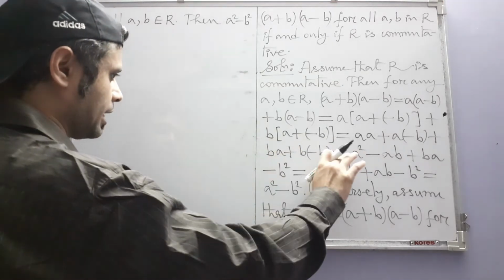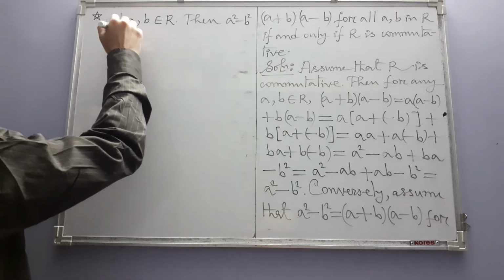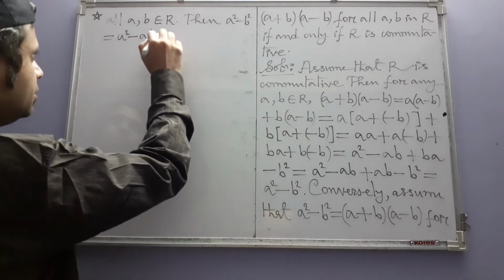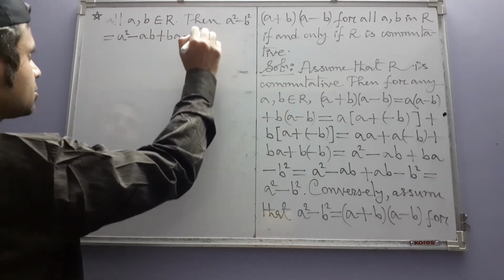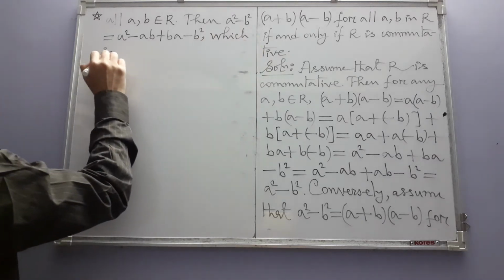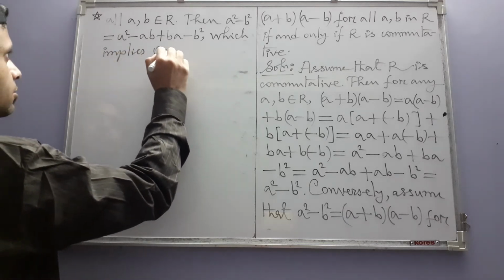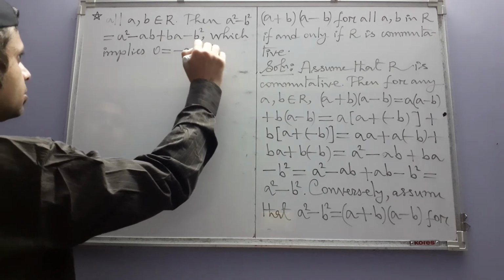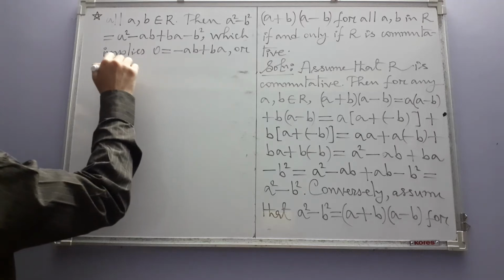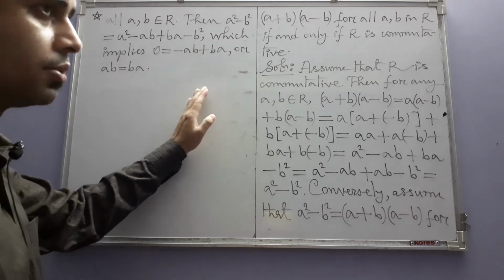We can write before that a square minus AB plus BA minus B square, which implies 0 equal to minus AB plus BA or AB equal to BA. We have cancelled a square and minus b square from both sides.